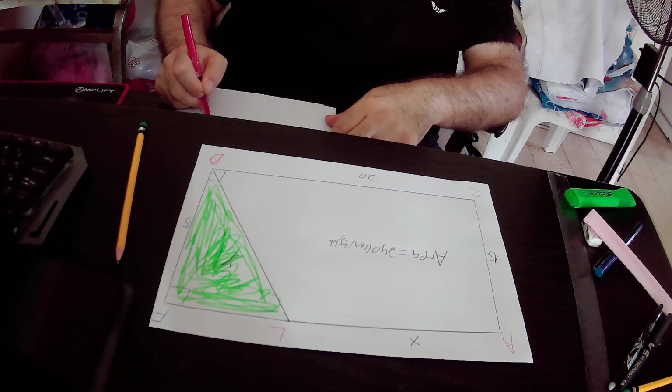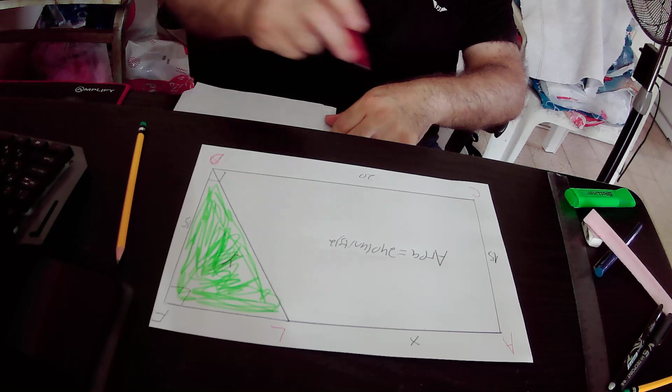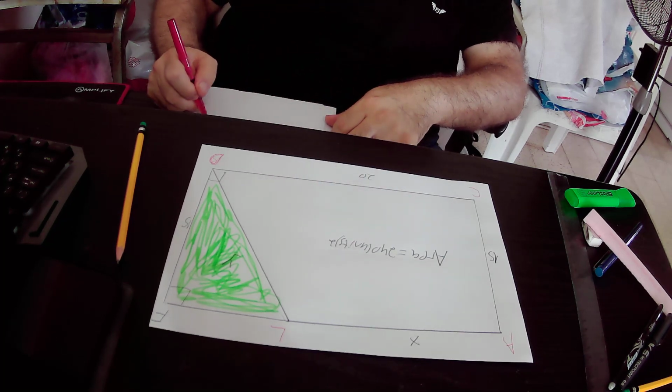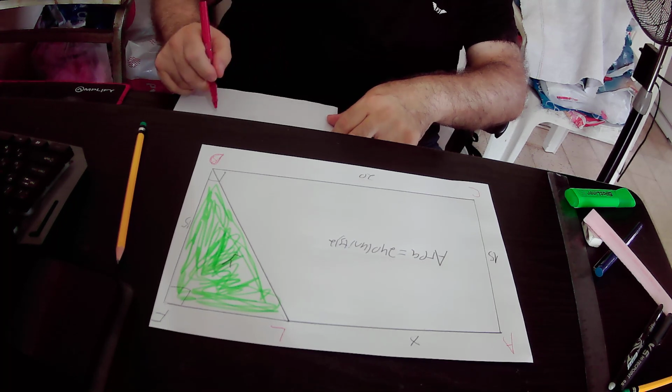The area of the shape ALCD equals 240 units squared.